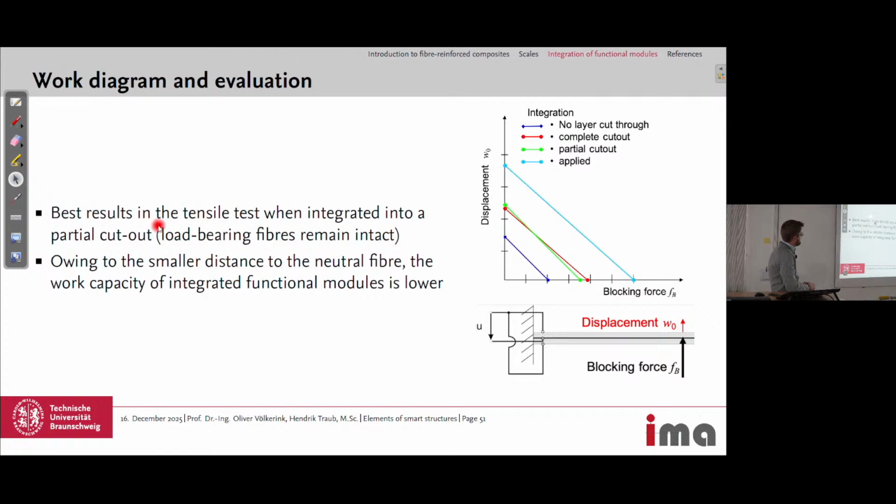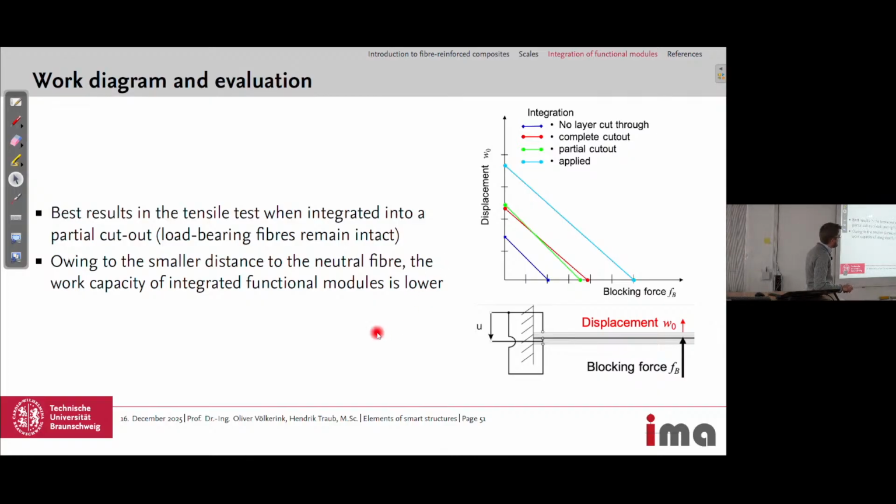So the best results were achieved in the tensile test when we integrated into a partial cutout, so that the load-bearing 0-degree fibers remain intact. But owing to the smaller distance to the neutral fiber, or the mid-plane of the laminate, the work capacity of the integrated functional modules is lower than the one applied.